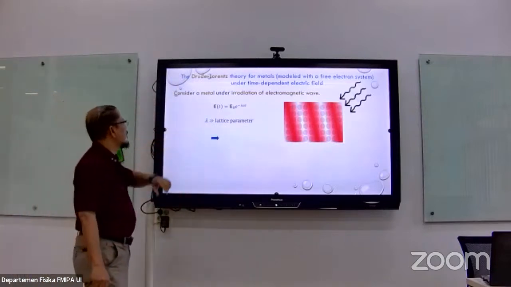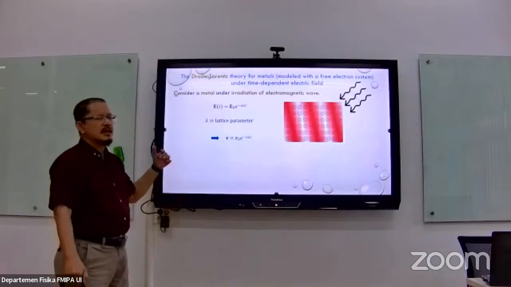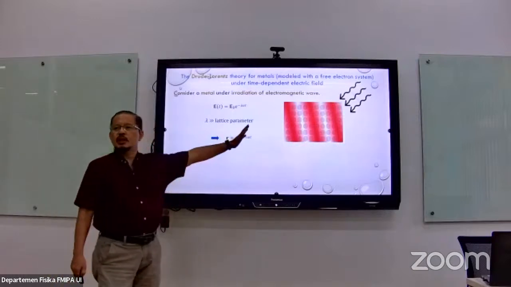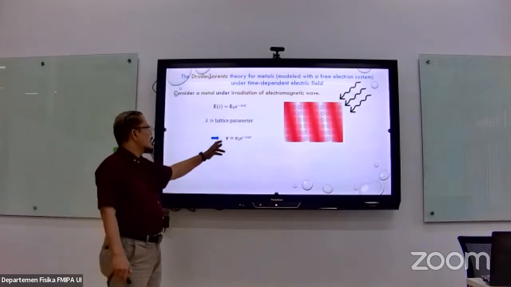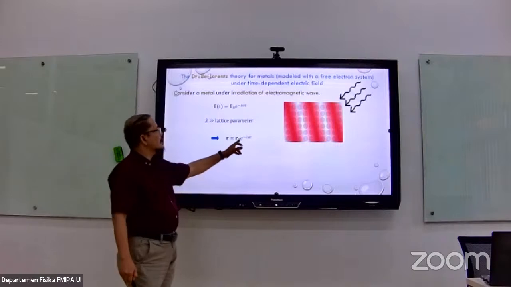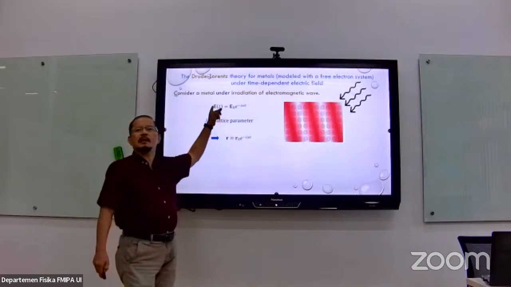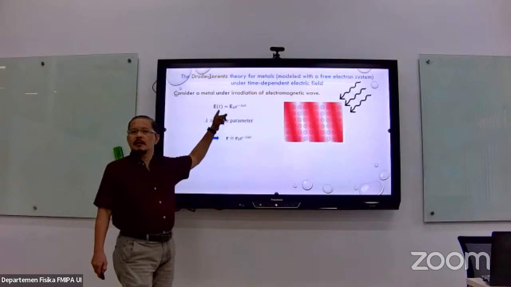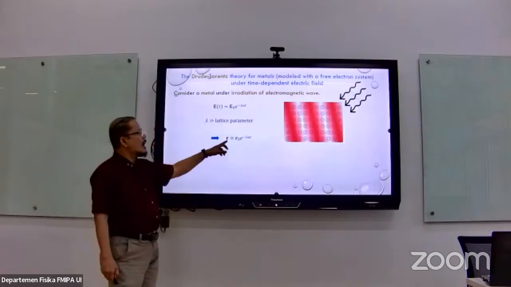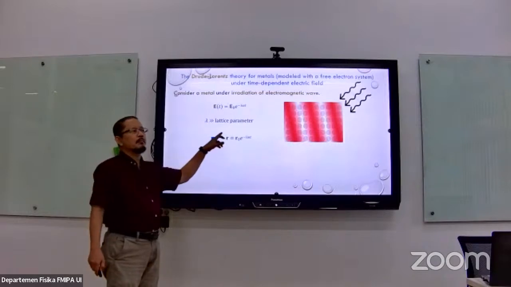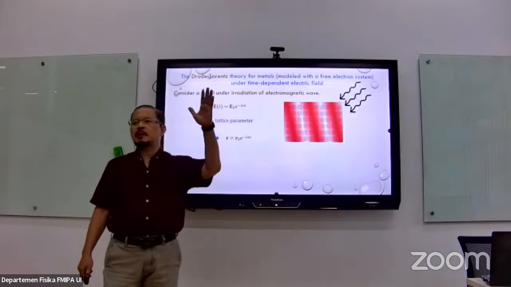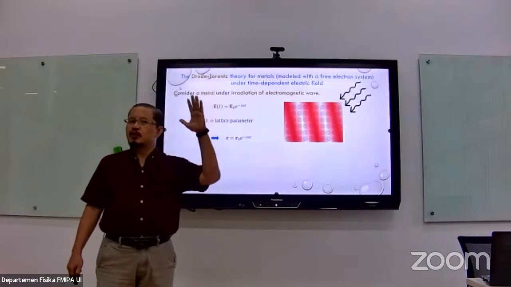Because of this, logically we can expect that the position of the electrons will dynamically change following the time dependence carried by the electric field, right? This is simple logic. By R, we mean the relative position of the electrons with respect to their equilibrium positions.